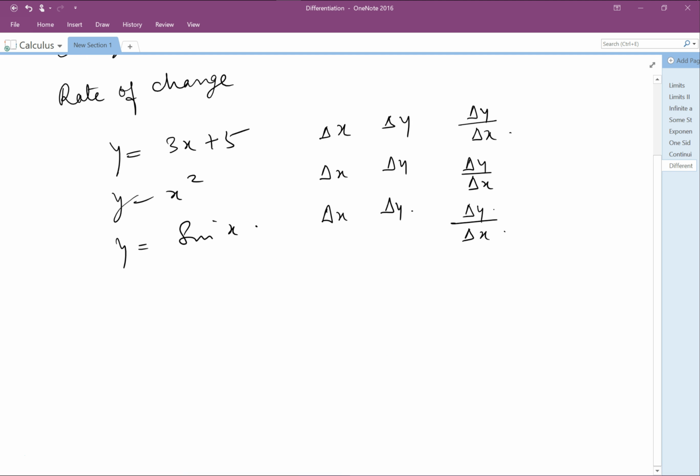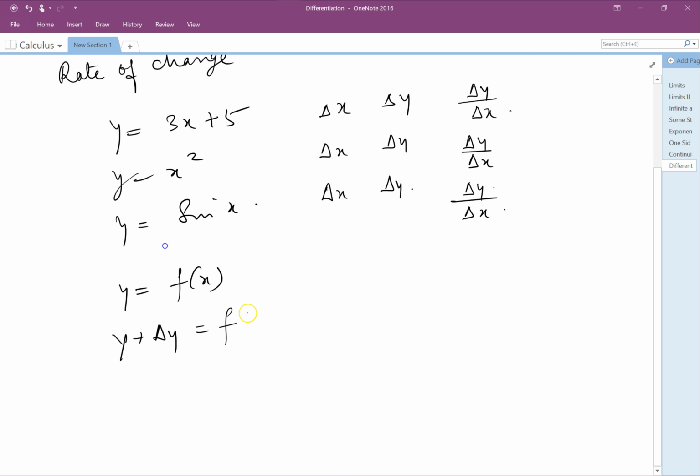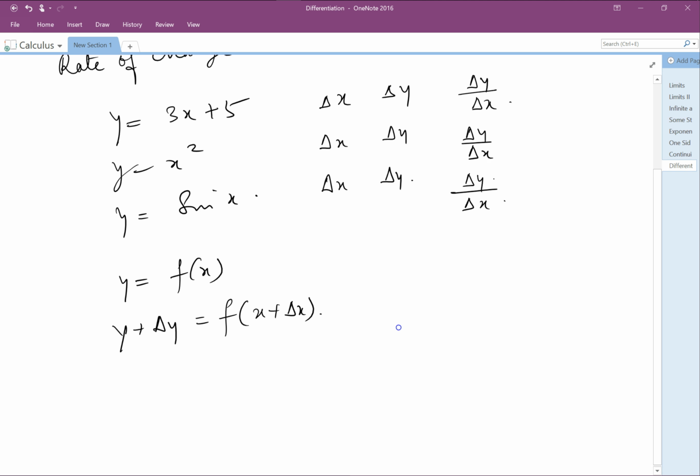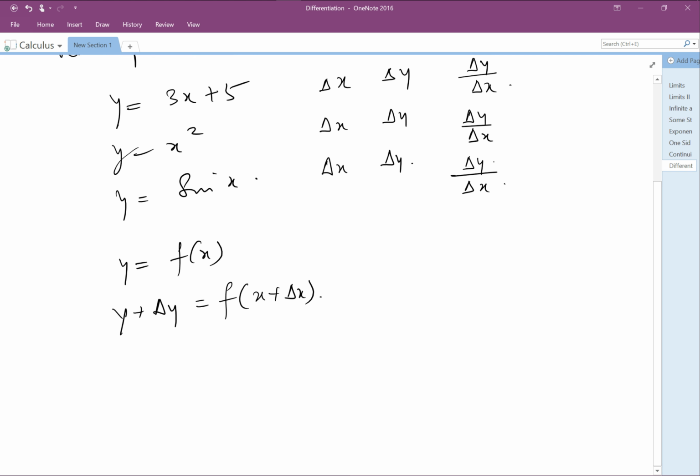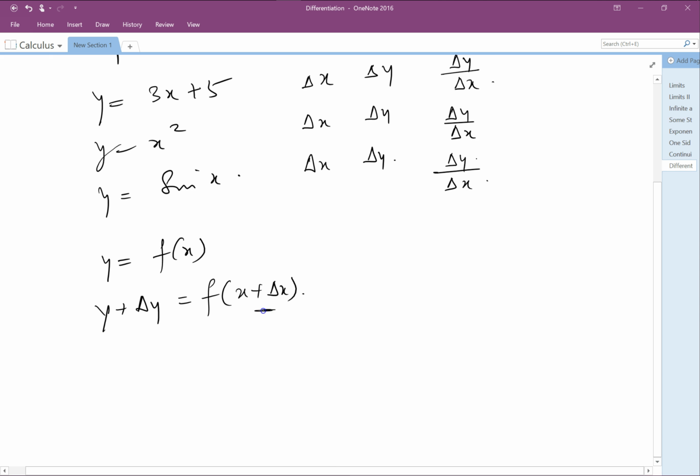So here, let's try to figure out. Now, we have a function, a general kind of function. Let's not be very specific. Let's say y is equal to f of x. Whenever there is a change in x, there is a change in y. Naturally, as the x value changes, the y value also changes.